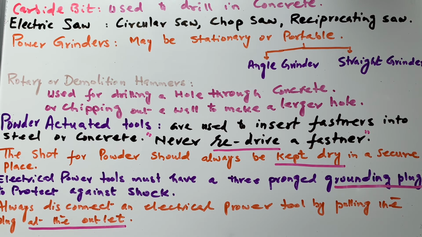Do not crimp the power cord. Do not operate the power tool in a corrosive or explosive atmosphere. Keep the vents and motor clean. These are a few safety precautions for using an electrical power tool.